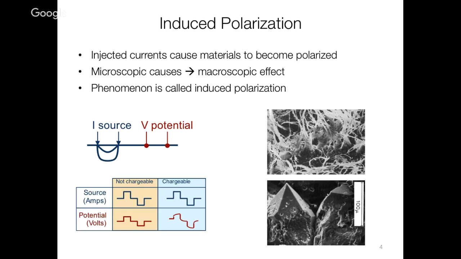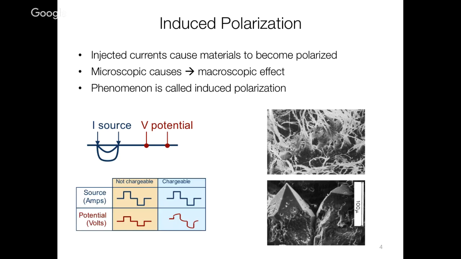If the material is chargeable, then if you put in that same current pattern, the interesting thing that happens is that immediately on turn on, the voltage rises, okay? But then as the current stays on, there's a continual rise in that voltage. Initially when they discovered this, back in the late 40s or right after the Second World War or thereabouts, that was called overvoltage, because it was more voltage than they had expected to get out.